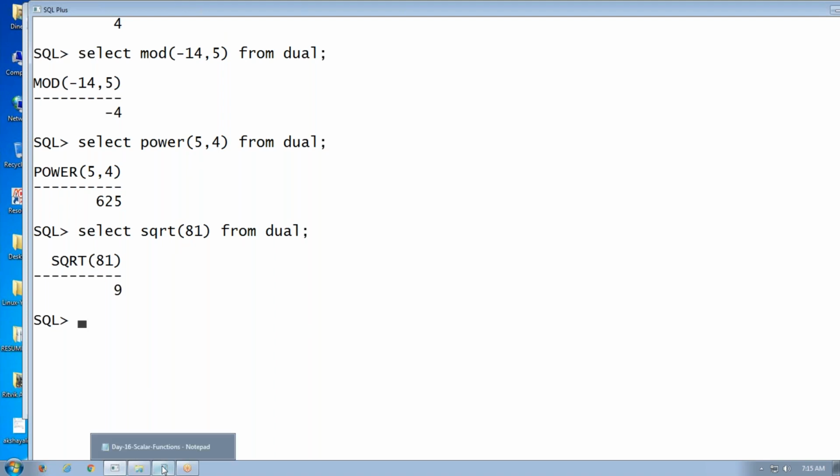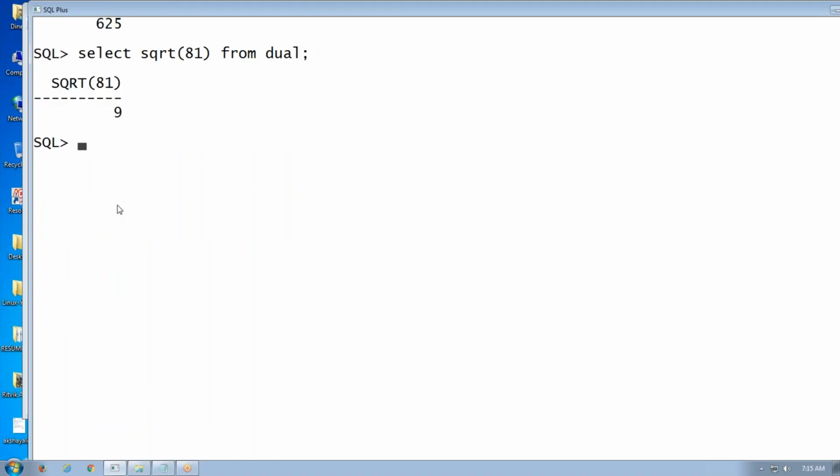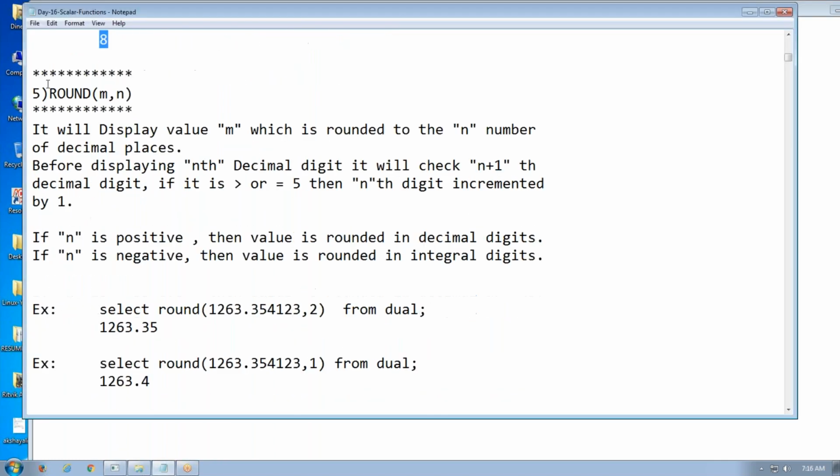Now we are discussing something somewhat different. These are the most important functions. From here, every function is important. ROUND. ROUND of m comma n. What is the use of this?